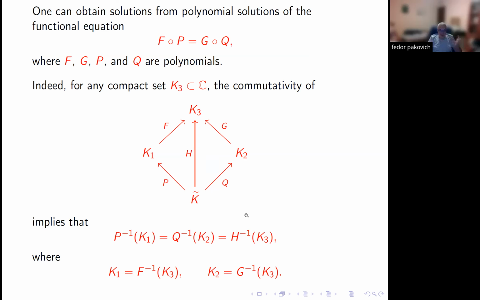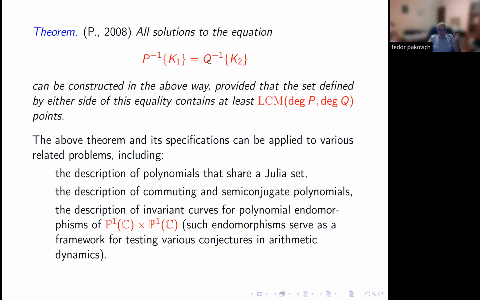A very general, very simple way to obtain solutions. And the point is that all solutions to this equation can be constructed in the above way, provided that the compact set we have here contains at least LCM points.